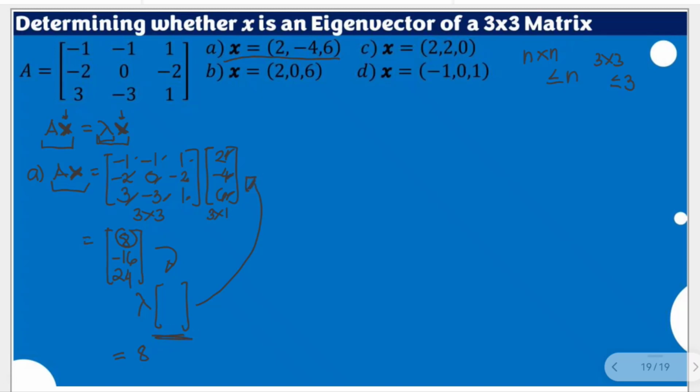Let's take the relationship of 8 and 2. So instead of 8, we'll have 4, so that what remains is 2, because 4 times 2 is 8. The same value factored from -16 gives -4, and factoring 4 out of 24 gives us 6.